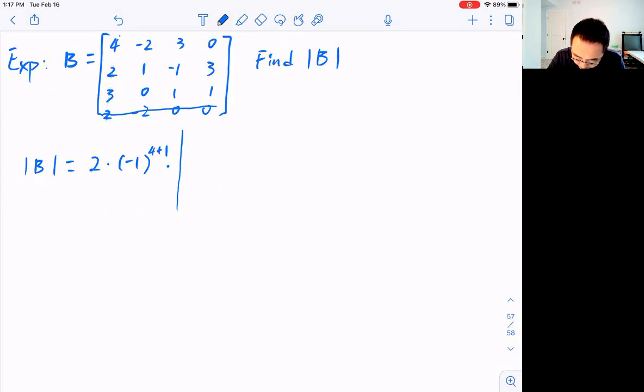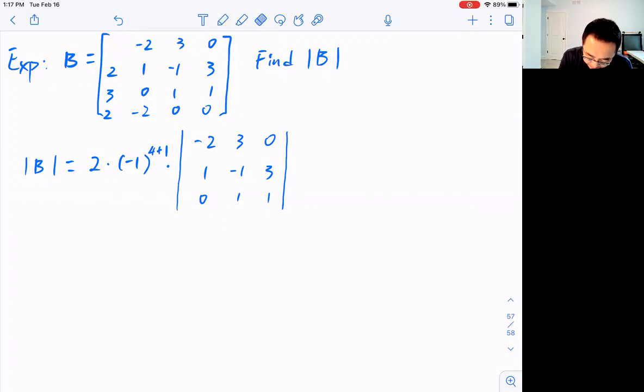So I'm going to get rid of this, but I'll just show you it's -2, 3, 0, 1, -1, 3, 0, 1, 1. Because this is the matrix that we simplified from B by eliminating the first column and the fourth row.